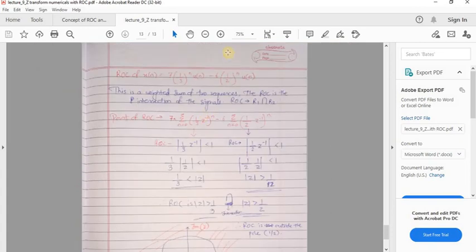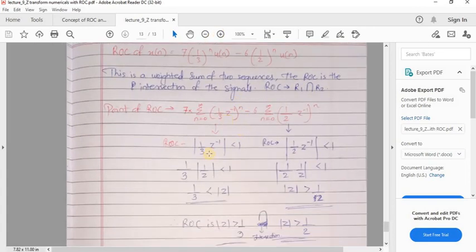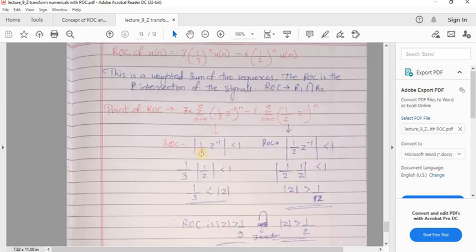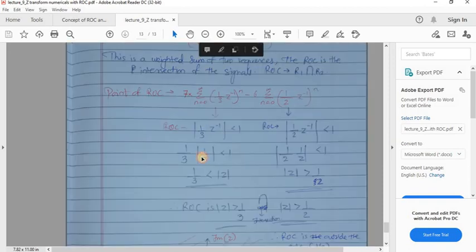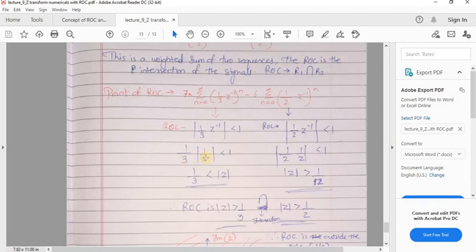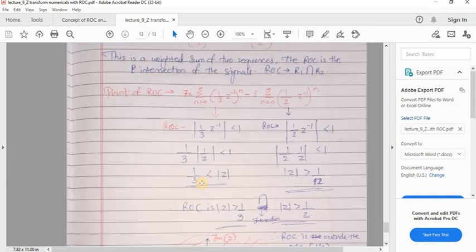I have shown here, you can see clearly, the mod of this should be less than 1. So 1 upon 3 into z inverse less than 1. Take 1 upon 3 outside of the mod, then simplify, this will become 1 upon z. So 1 upon 3 into mod of 1 upon z less than 1. When we cross multiply, this z goes here, so it will become mod of z greater than 1 upon 3. So z is greater than 1 upon 3.